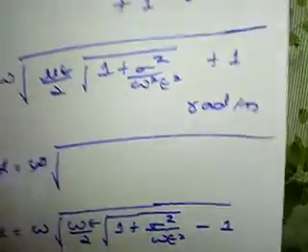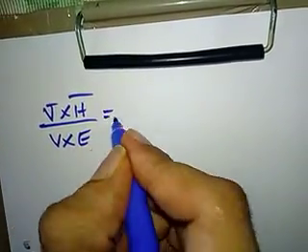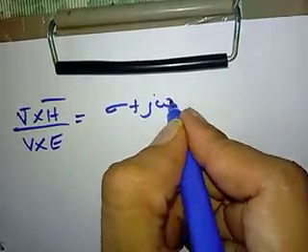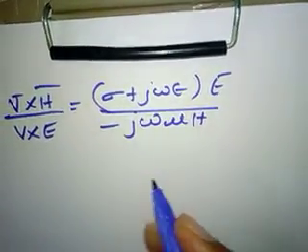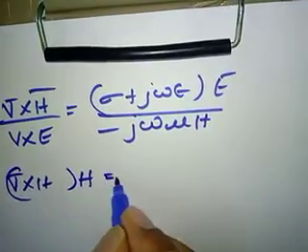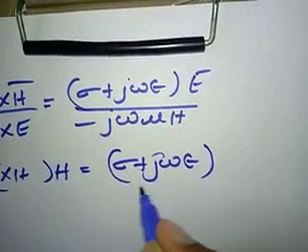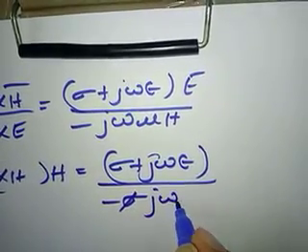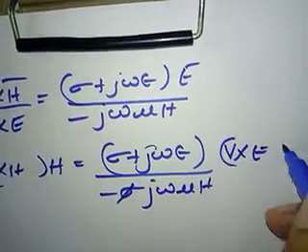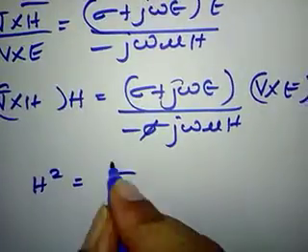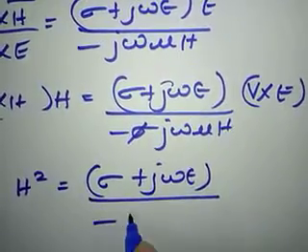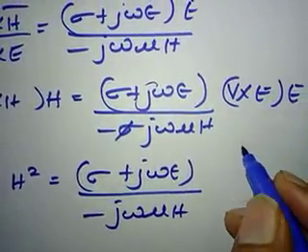Now dividing one by the other, del cross H divided by del cross E is equal to sigma plus j omega epsilon into E, divided by minus j omega mu H. Del cross H of H is H square, and del cross E of E is E square. So H square is equal to sigma plus j omega epsilon divided by minus j omega mu, into E square.